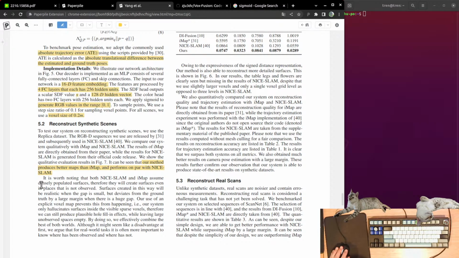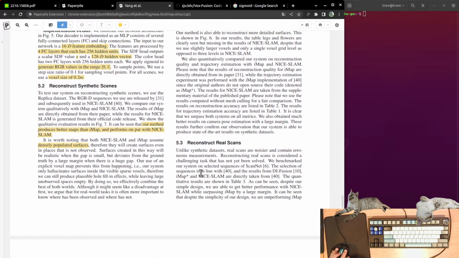Okay, so there's this kind of prior of densely populated surfaces in the two works that they're comparing here, so you'll sometimes get surfaces when there aren't any. They say, we argue for real-world tasks, it is often more important to know where has been observed and where has not.